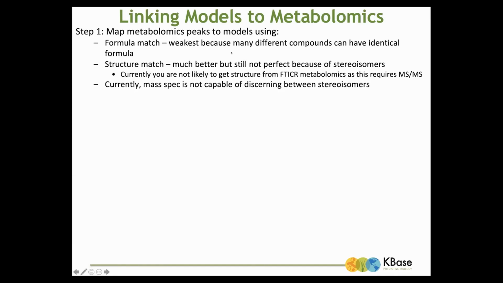And this is weak, and the reason is because many different compounds, potentially very different compounds, have identical formula. Or a structure match, which is much better, but still not perfect because of stereoisomers. So what I mean by structure match is something like a SMILES string.